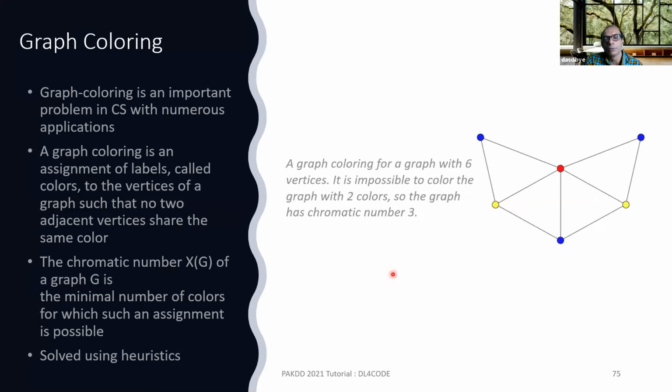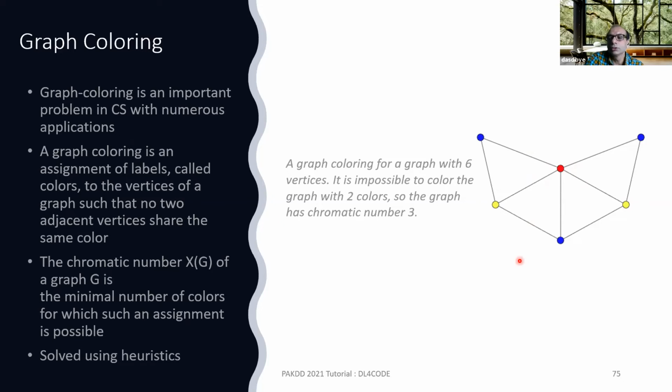It's a very important problem in computer science, and it's just an assignment of labels or colors to your nodes such that if you have an edge, the two nodes at the end of the edge cannot have the same color. The minimum number of colors that can be used to color a graph is called its chromatic number. The chromatic number of this graph is 3 because you cannot color this graph using fewer than 3 colors.